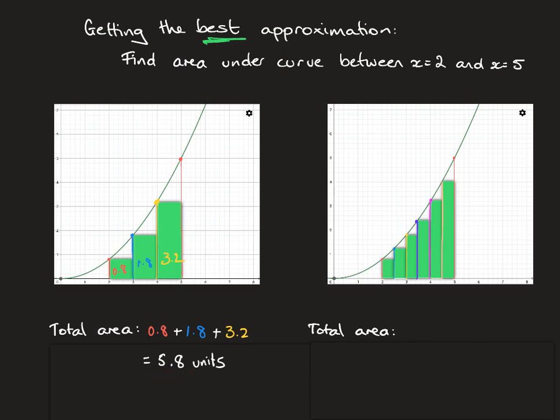So I'm going to do the same thing here, but this time my width is 0.5. And so I've got a lot more rectangles to calculate. So it's going to be 0.5 times this height, 0.5 times this height. So I'll go ahead and put the values in here, and then we'll see what our area is.